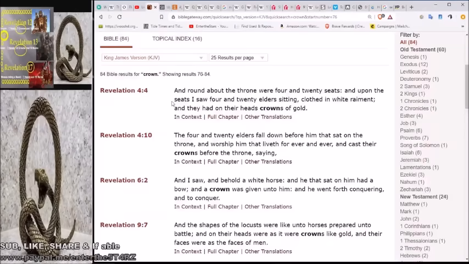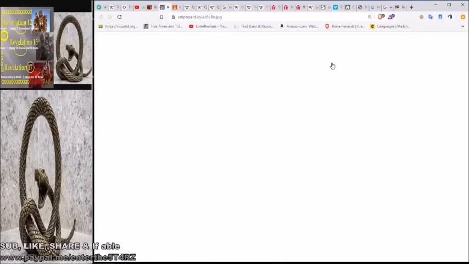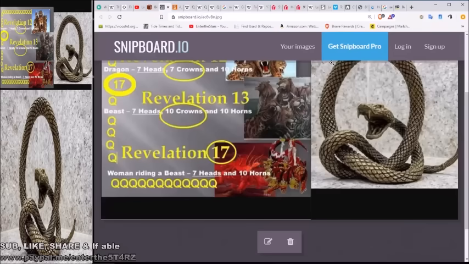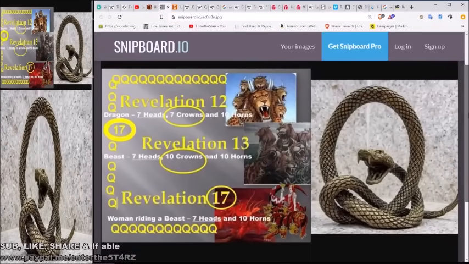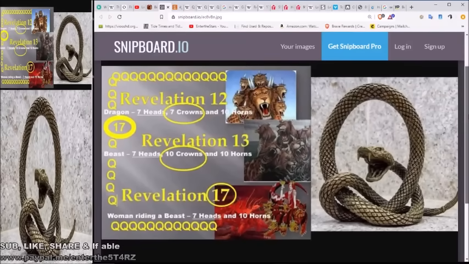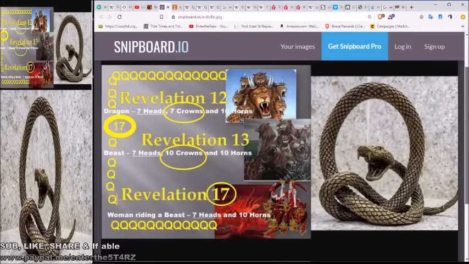So, with all this talk about Q and crowns, I decided to open up the Bible and take a look. And, of course, the floodgates opened, and I found this. Now, someone had already put this graphic together, but when I looked at the graphic, I noticed that 7 crowns and 10 horns is a total of 17.